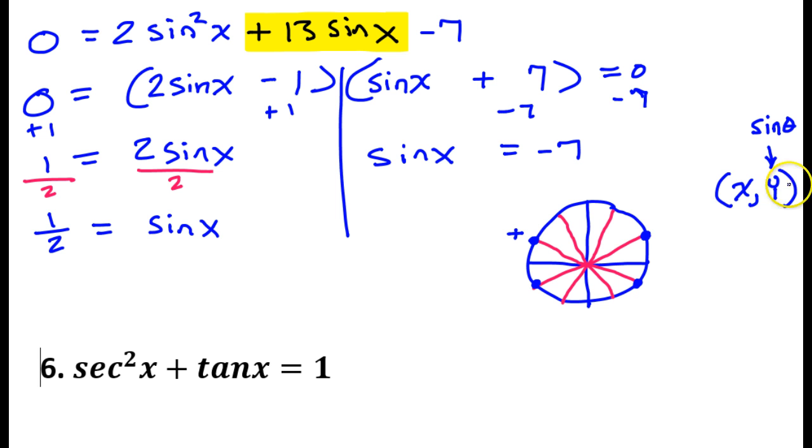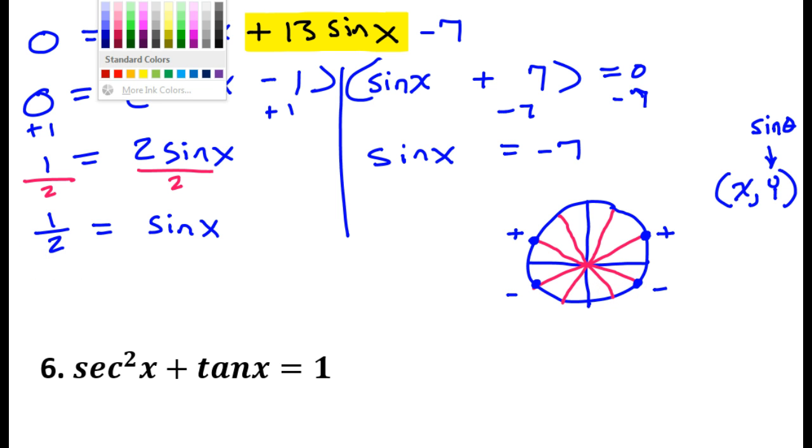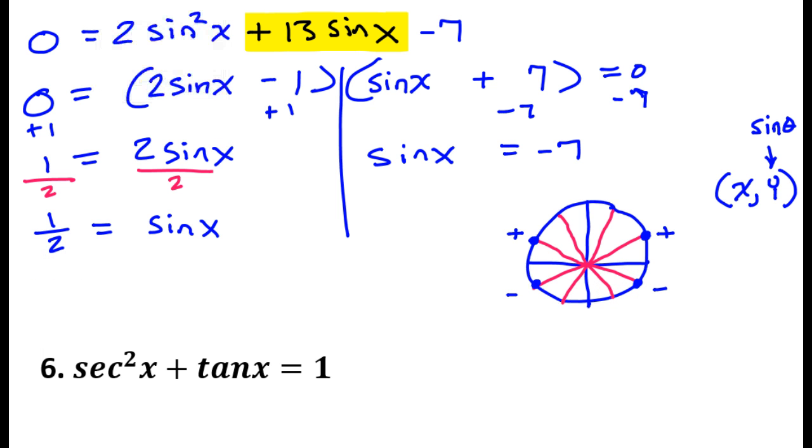Well, for y values, the ones that are above the x-axis are positive and the ones below the x-axis are negative. So these two are positive, these two are negative. Now in this particular case, we want a positive 1/2. So these are the 2 angles that will give me a positive 1/2.